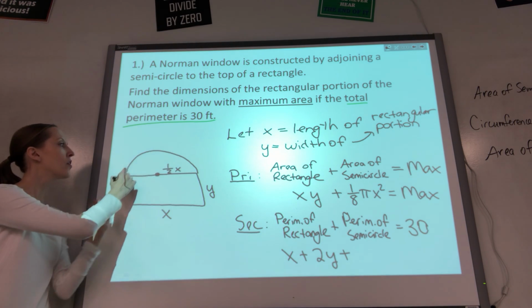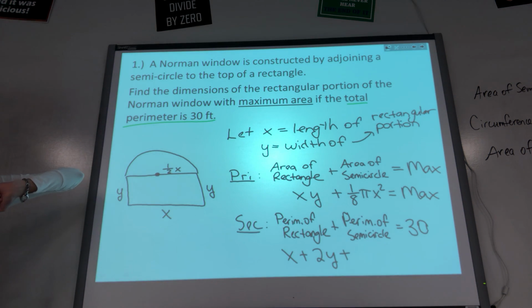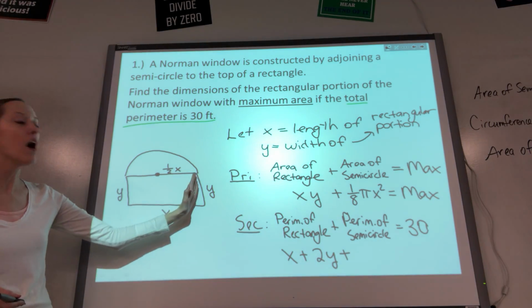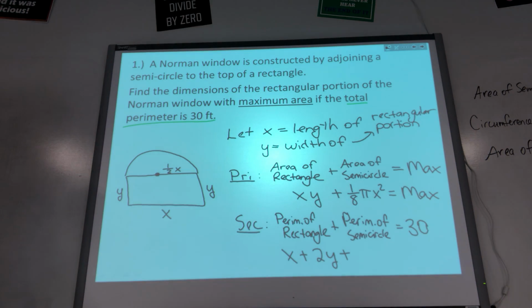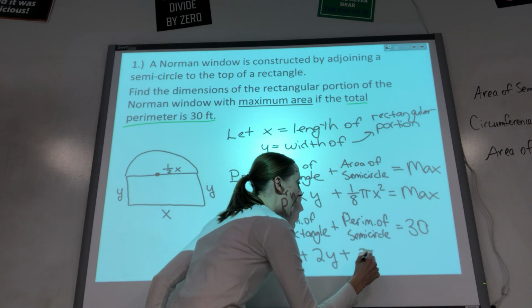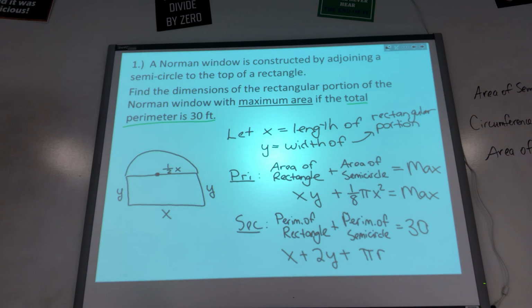Now I need to include the perimeter of the semicircle, and I'm going back to my formula here. I'm calling it perimeter, but perimeter and circumference are basically the same thing. Our formula said pi r. Now I'm not going to leave it as r. I'm actually going to plug in what the radius was.